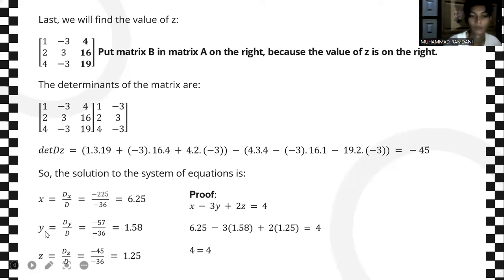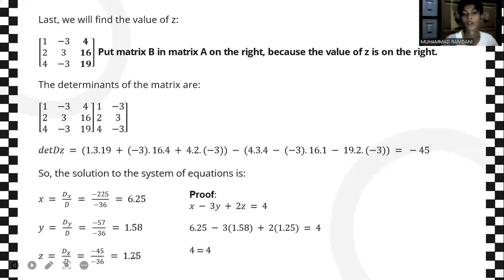And the y variable equals determinant y divided by the determinant, which is minus 57 divided by minus 36, equals 1.58. And the last one is z equals determinant z divided by the determinant, minus 45 divided by minus 36, equals 1.25. Okay, so this is our final answer.